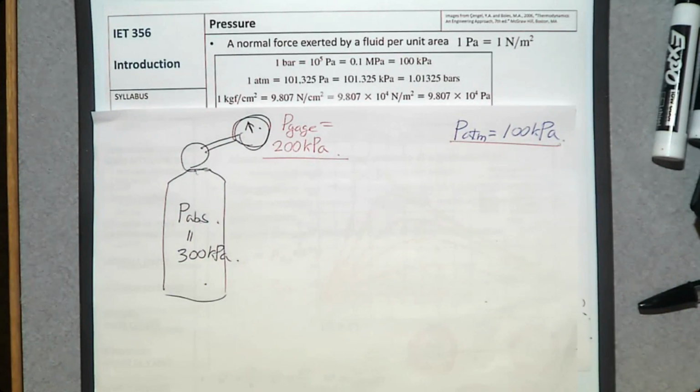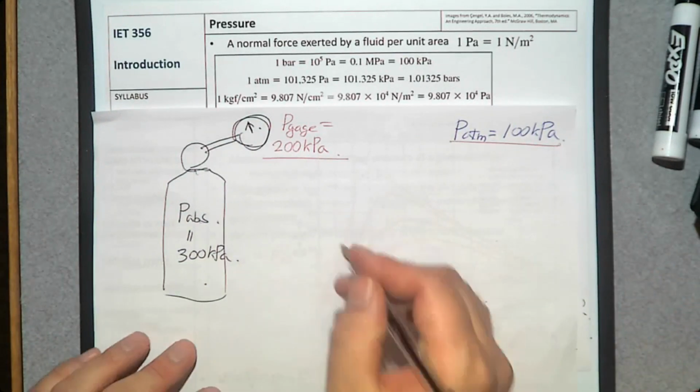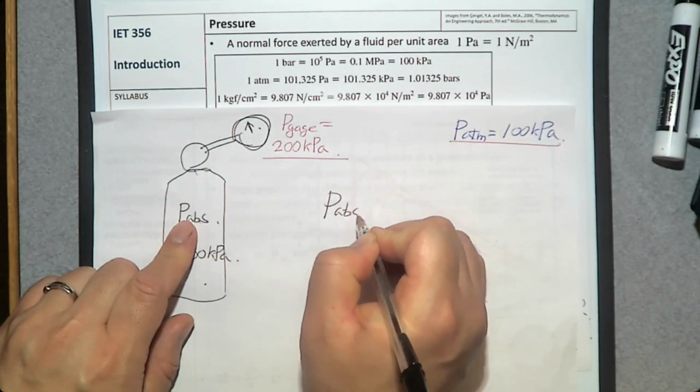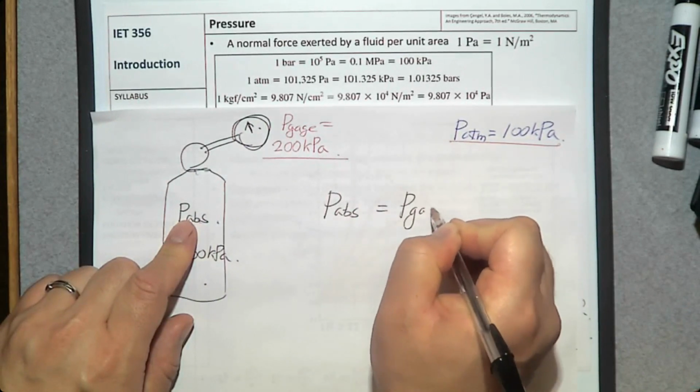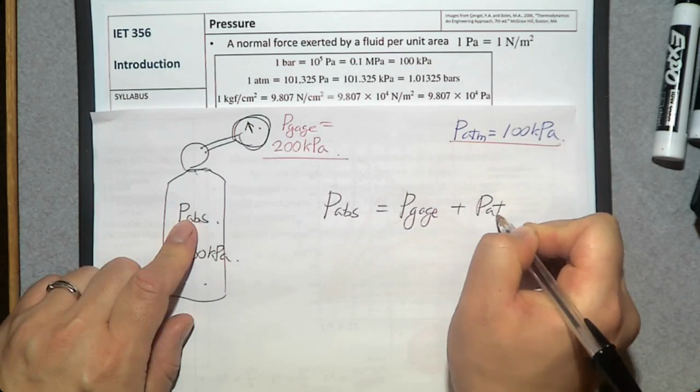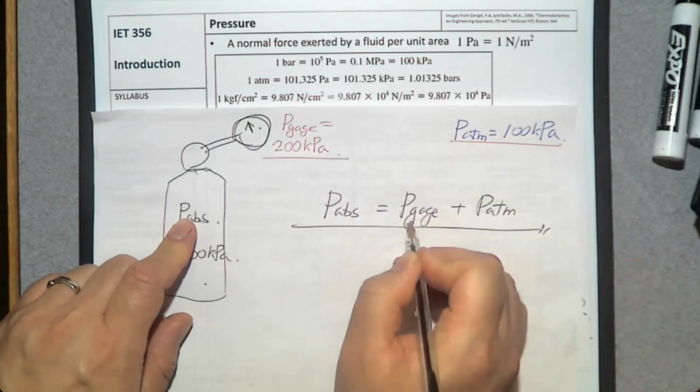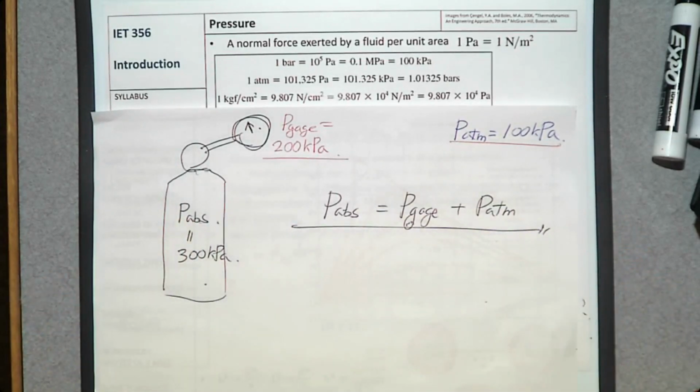That's the physics. And let's talk about mathematics. PABS is P gauge plus PATM. So gauge pressure plus atmospheric pressure is called absolute pressure.